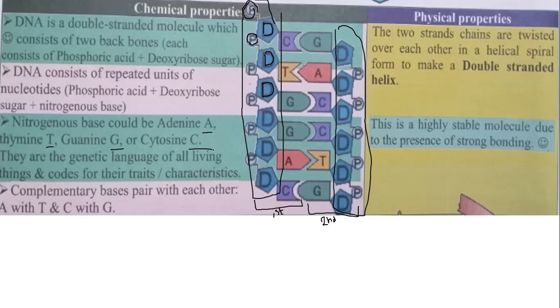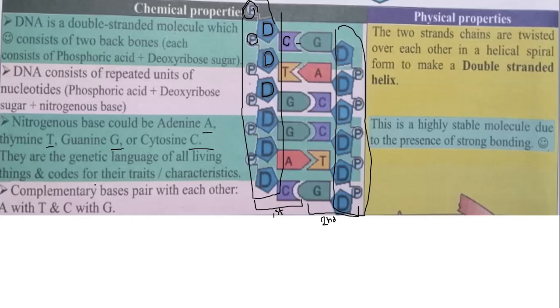Each nitrogenous base is connected to one deoxyribose sugar from the first strand. Suppose we have cytosine C connected to this deoxyribose sugar, so C must also have a bond to another nitrogenous base from the other strand.